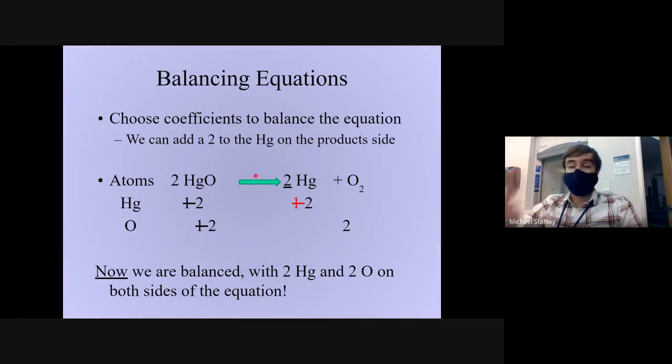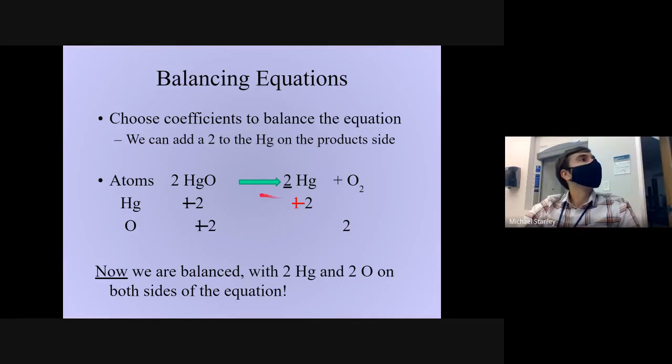The other thing that I will say is that it doesn't matter that Hg and O happen to have the same number here. This number and this number don't matter if they're the same.